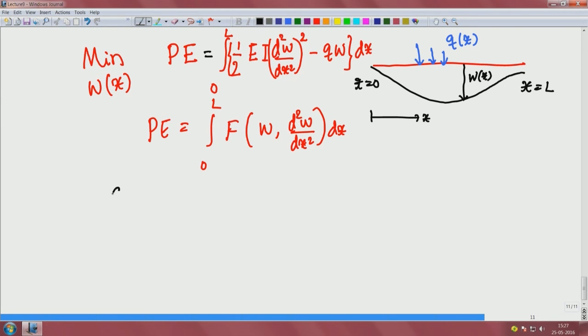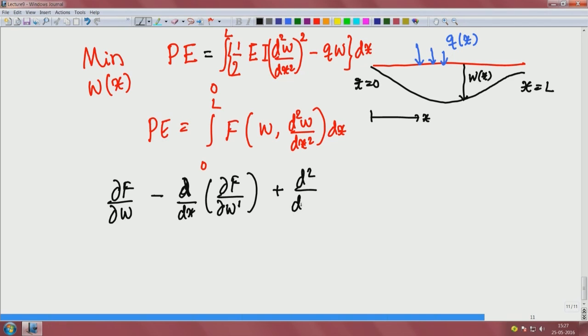So, we have dou f by dou y, that becomes W, minus d by dx of dou f by dou W prime, and then plus d square by dx square of dou f by dou W double prime, instead of y double prime, equal to 0, right.